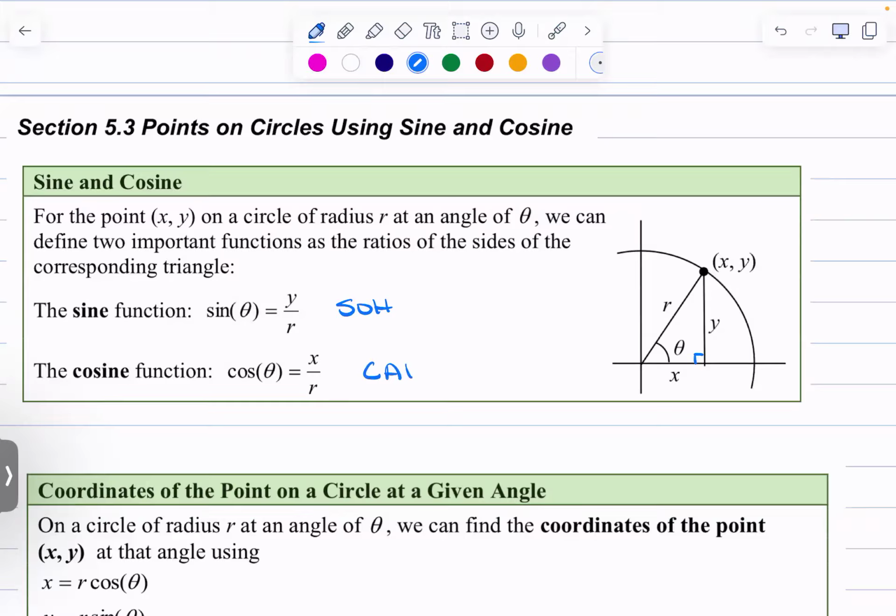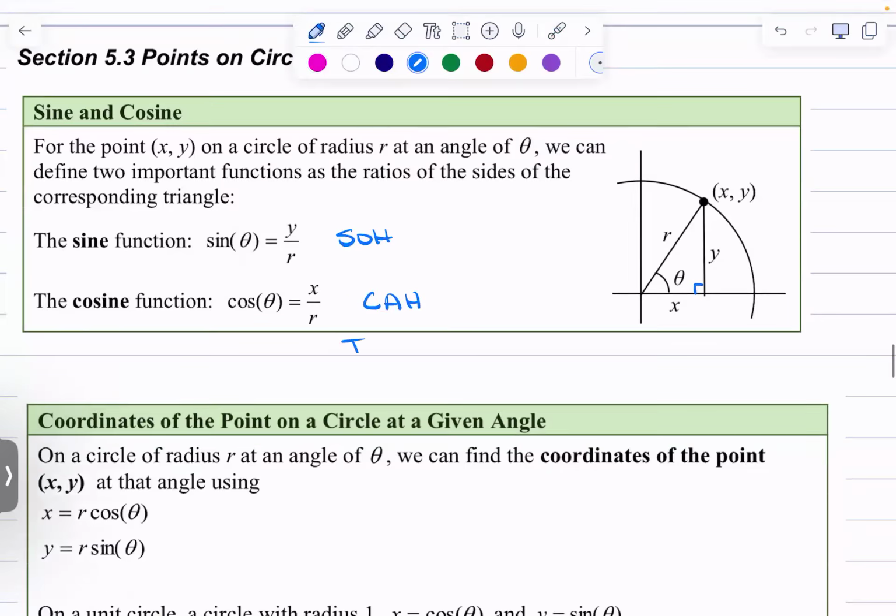So CAH, and we can squeeze in TOA over there too, but we're not going to work with it. But in terms of what it would mean for the tan of theta, in terms of the circle, here you've got your opposite, you've got your adjacent, and you've got your hypotenuse.